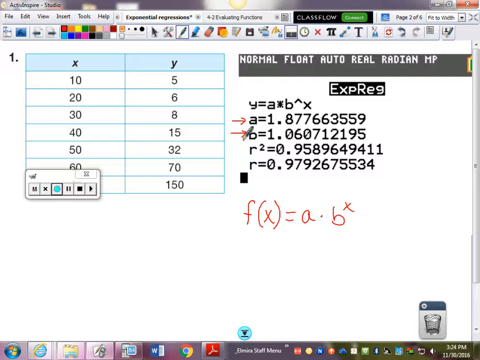For this particular problem, I'm just going to make it up. Let's round to the nearest hundredth. So that means 2 decimal places. 1.87, this 7 tells that 7, go up to an 8. So 1.88 times our b is 1.06 to the x power.